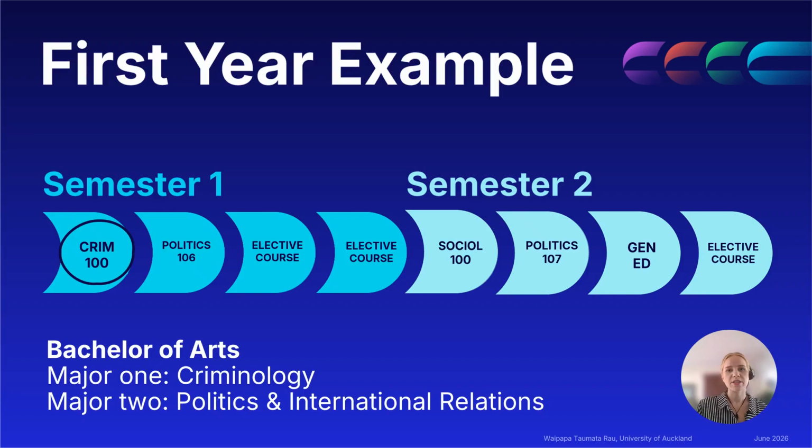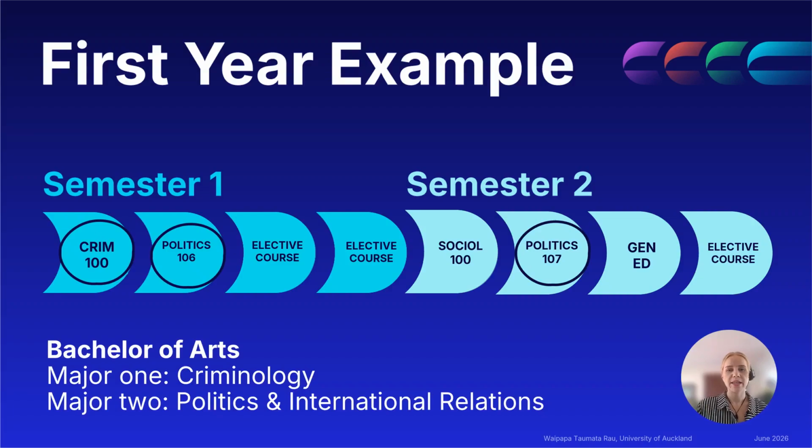Next, we returned to the schedule of study and we opened politics and international relations. Again, we looked for 100 level courses and we identified Politics 106 and Politics 107 as courses that can count toward the major, and added these to our first year plan. We added Politics 106 to Semester 1 and Politics 107 to Semester 2.